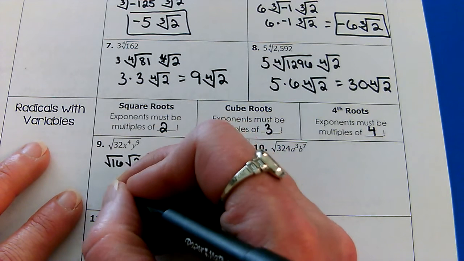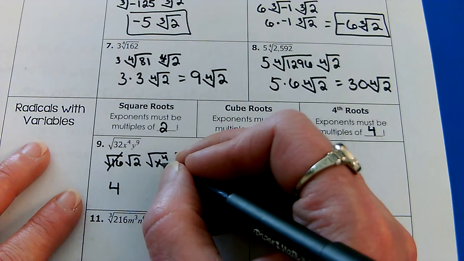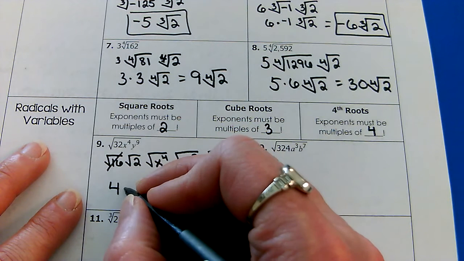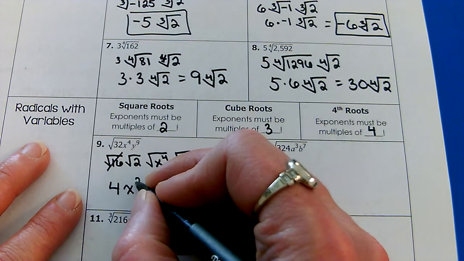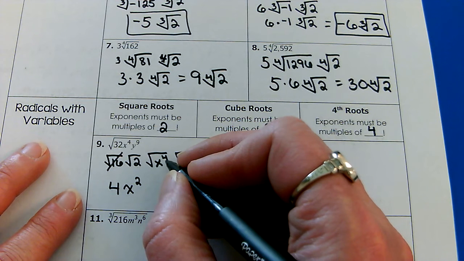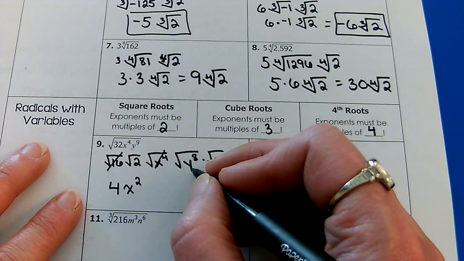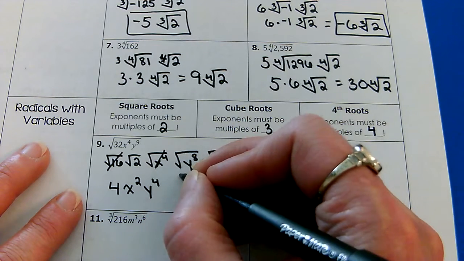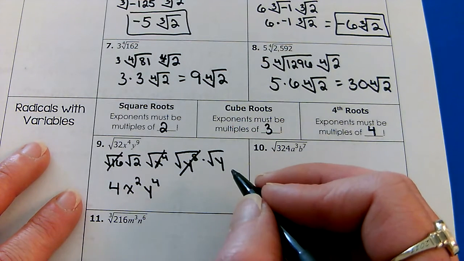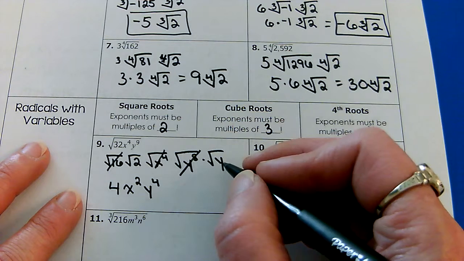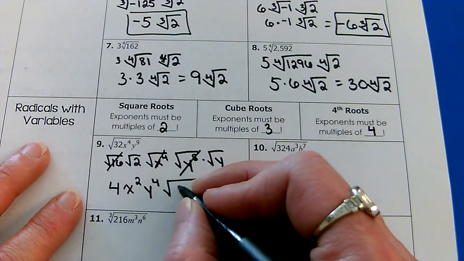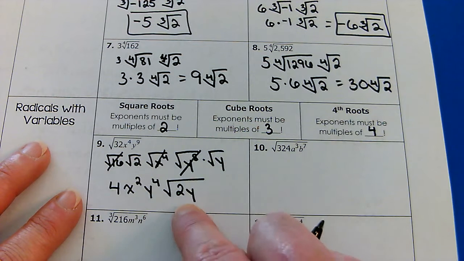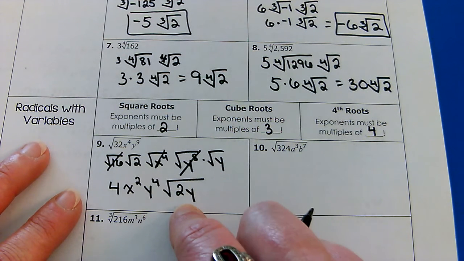So perfect square 16 is 4. The square root of x to the 4th is going to be x squared, because x squared times x squared is x to the 4th. The square root of y to the 8th is going to be y to the 4th. And notice the ones that we left unmarked. They have to stay under the square root sign. So there was a 2 and a y that have to stay in jail.